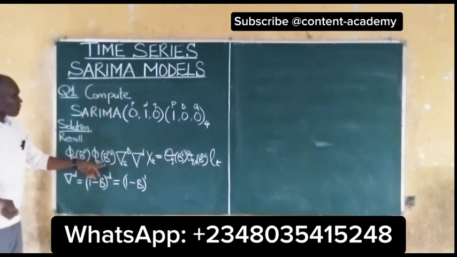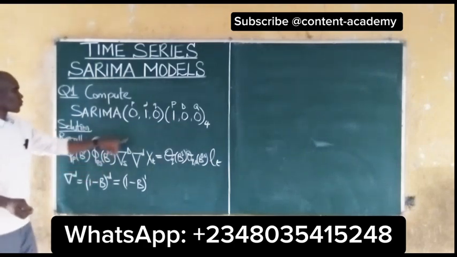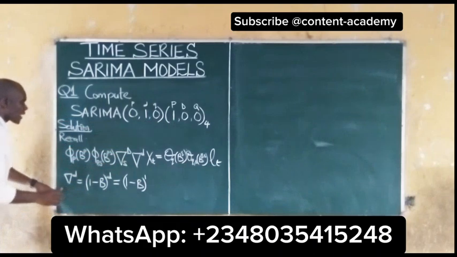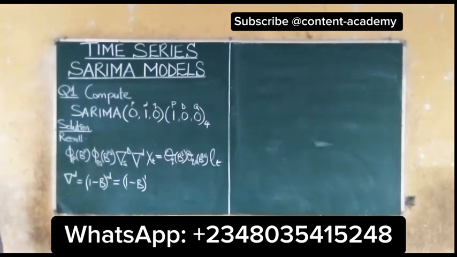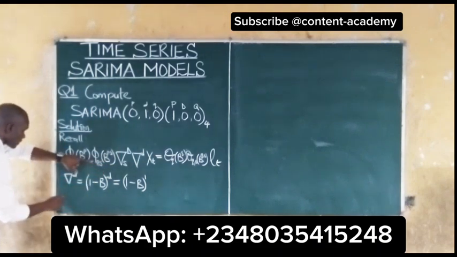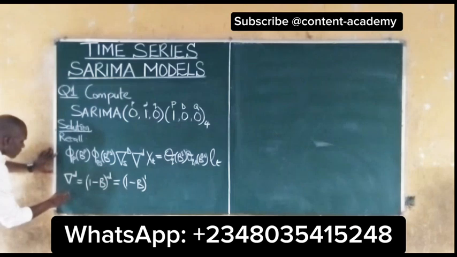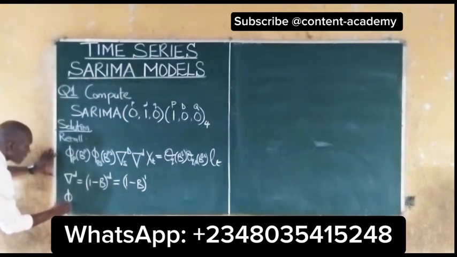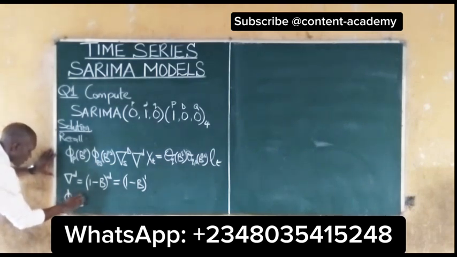Also, for the seasonal part, that means Phi_P(B^s). This s is 4, while our P is 1.